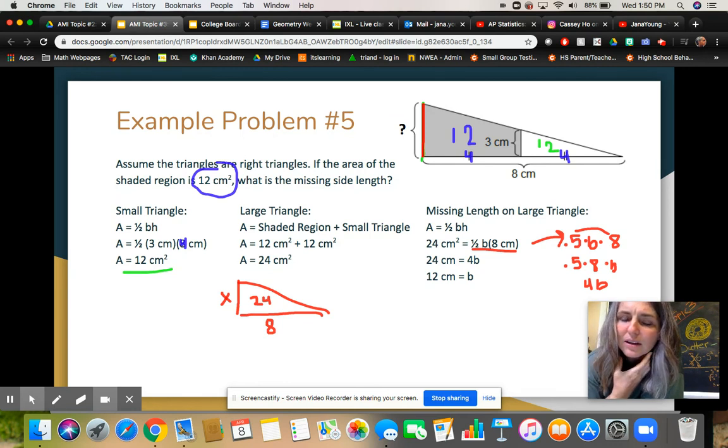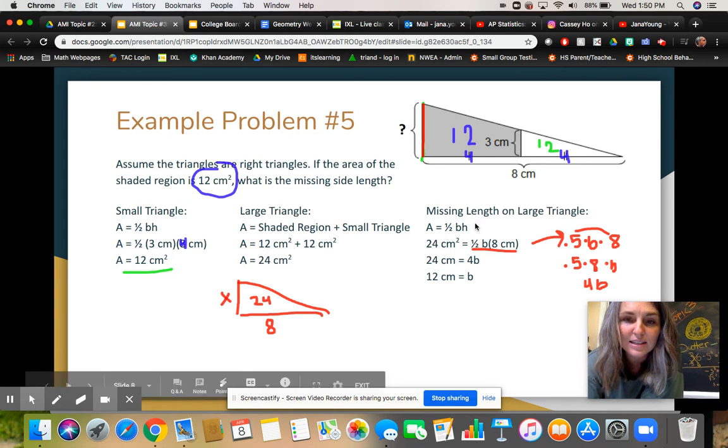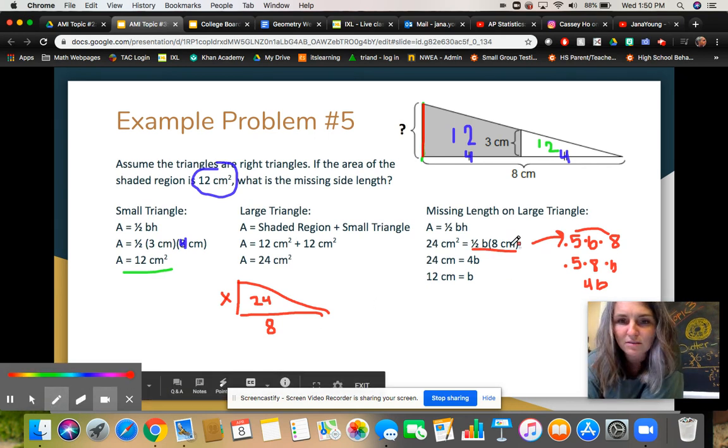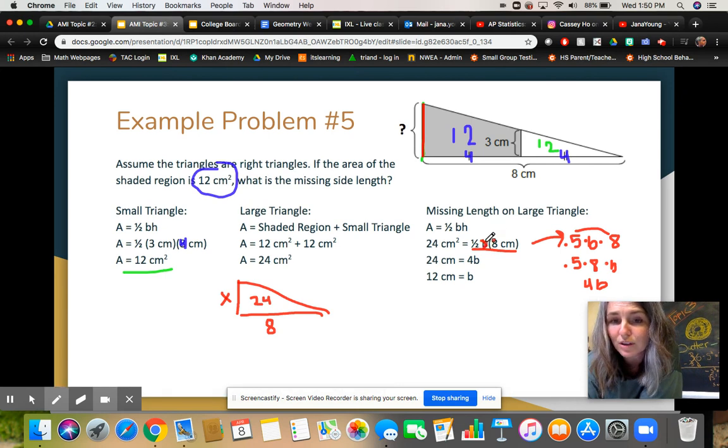And I'm not 100% certain why the author of this slide decided not to call the base 8 and the height. I don't really understand why the height wouldn't be what's being solved for here. But basically, if it's confusing why they use that variable, I'm also confused. So let's just call it x, okay? And let's call this x.